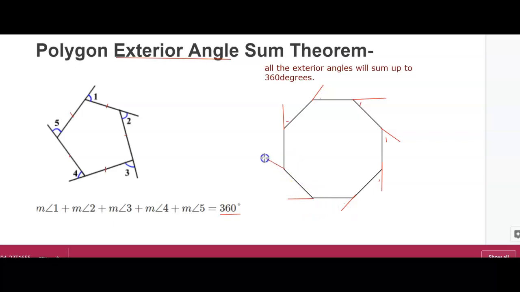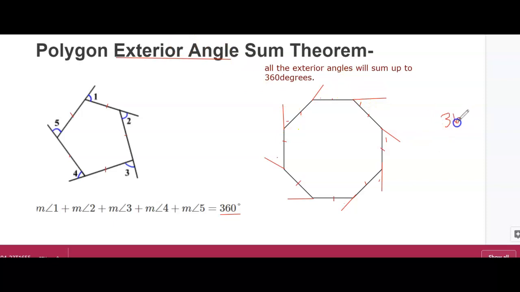And here's 8. This is an octagon. Let me mark it. 1, 2, 3, 4, 5, 6, 7, 8. So it has 8 sides, and 8 exterior angles and 8 interior angles. All of these angles right here will all add up to 360.